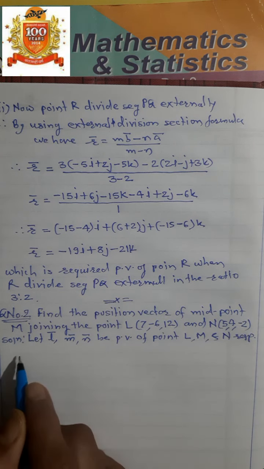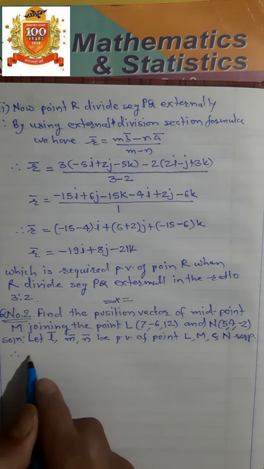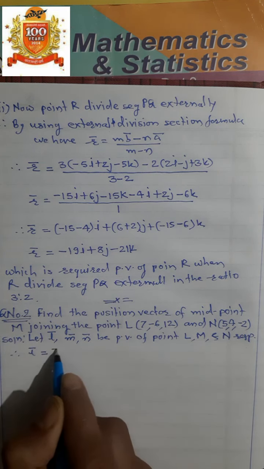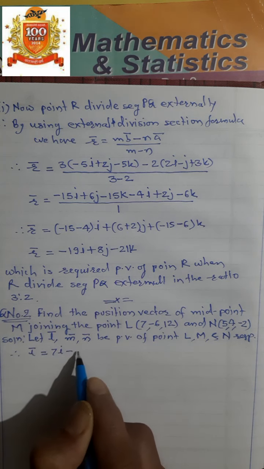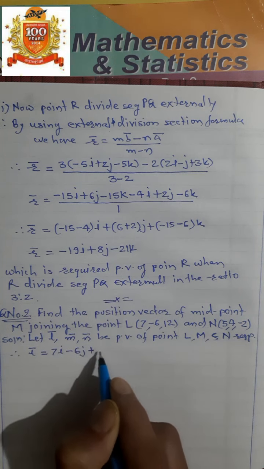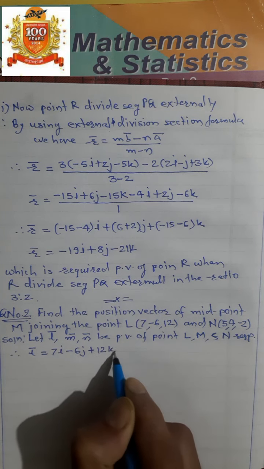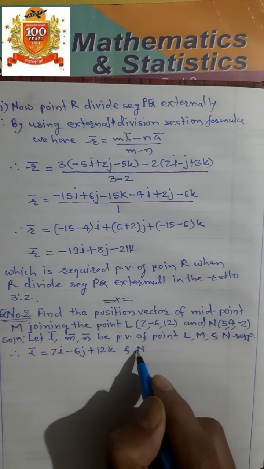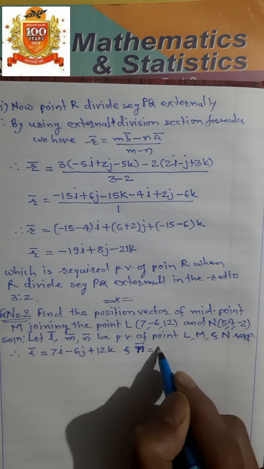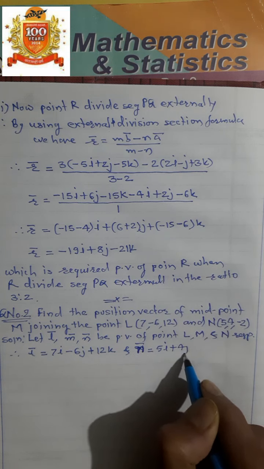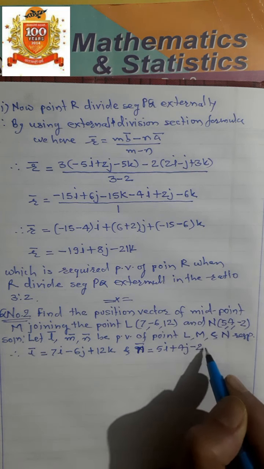Therefore, L bar is equal to 7i minus 6j plus 12k and N bar is equal to 5i plus 4j minus 2k.